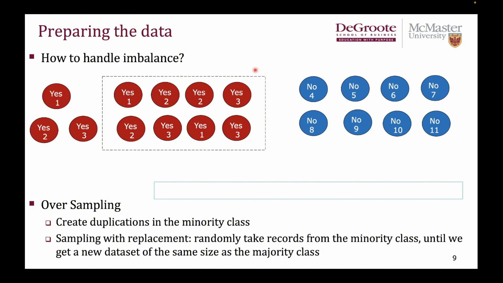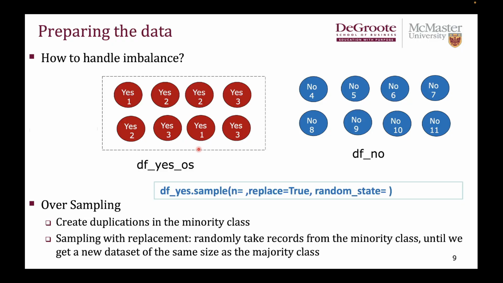But that's okay. So we can allow duplications in this context. Okay, so we put them together, we should be able to create a balanced data set.